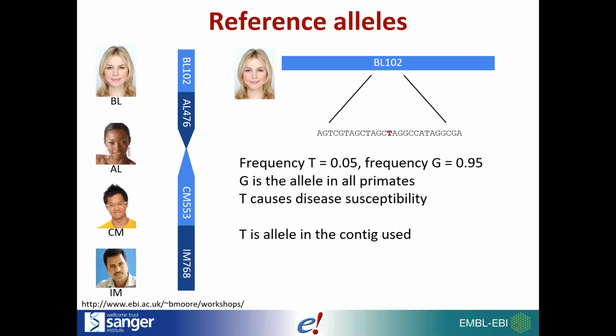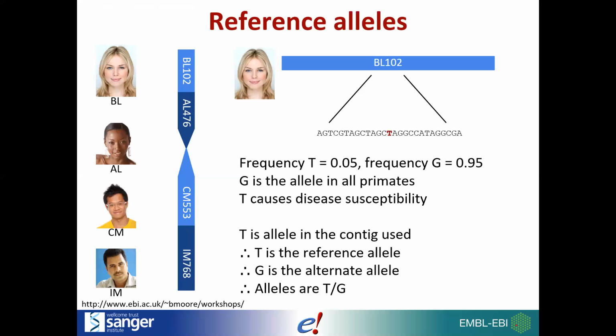So T is the reference allele for this particular position. And G, even if it is the majority allele, is called the alternate allele, just being different from that. So the possible alleles or genomic variants for this site in the genome would be T and G.